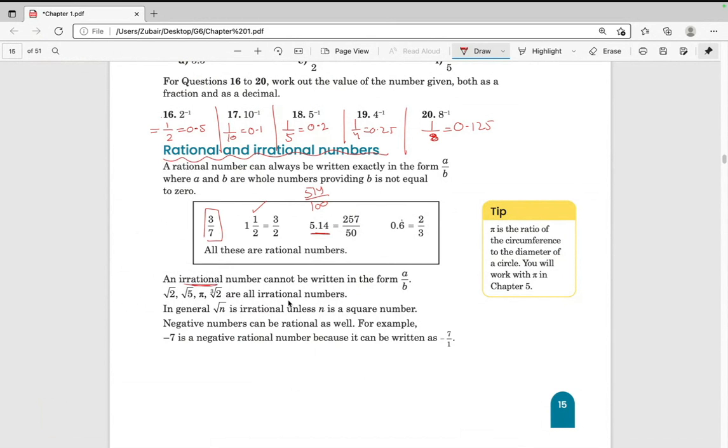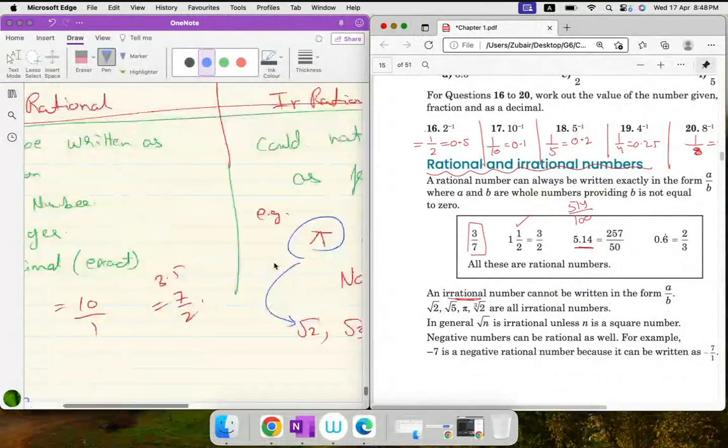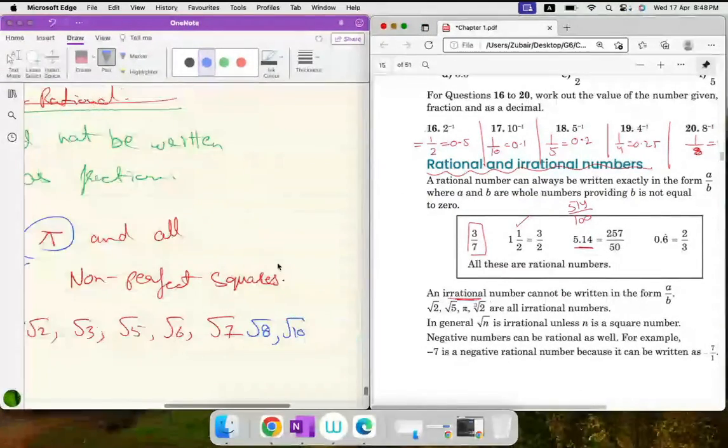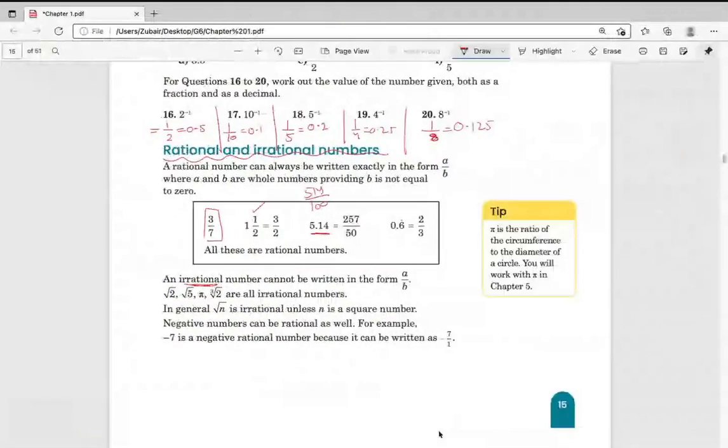So irrational numbers: square root of non-perfect squares and cube root of non-perfect cubes.